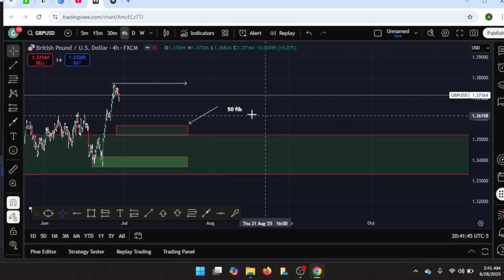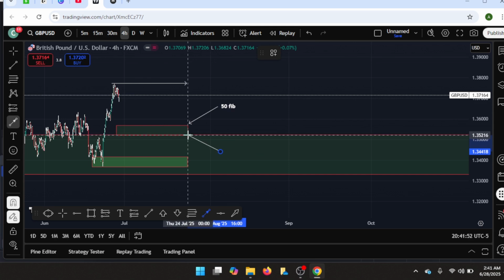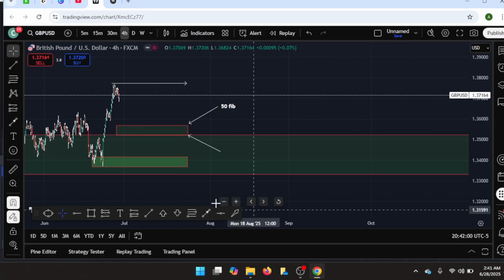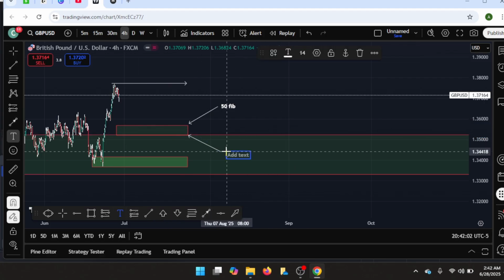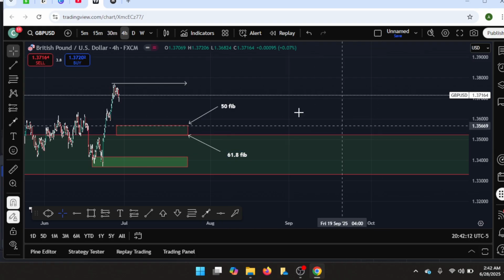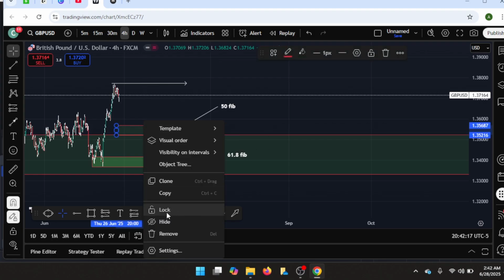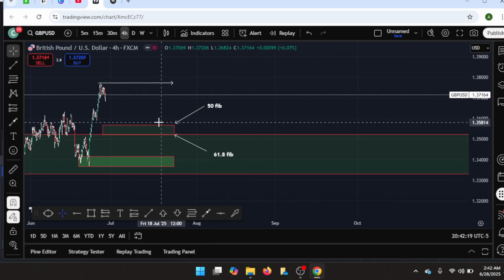I don't do that, but in the course of my teaching, I want to pass a message and make it clear to you to see how I execute and analyze my trade. Then this is my 61.8% fib. Can you see that? So this rectangular box has a meaning.